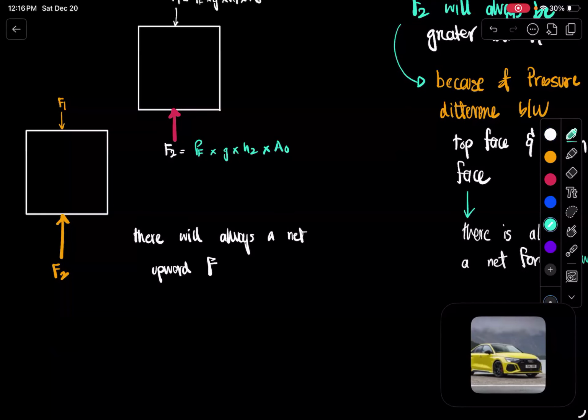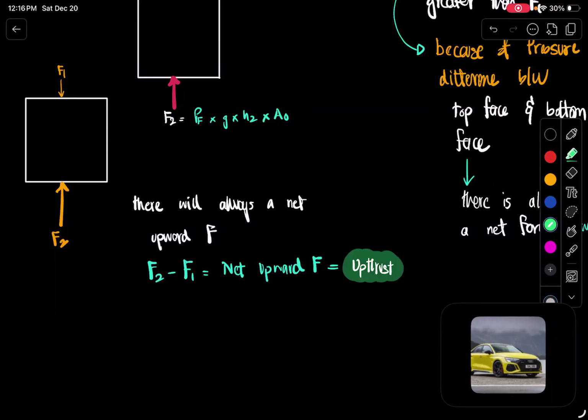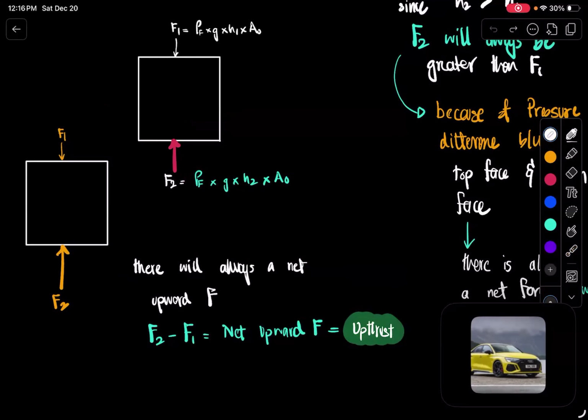And this net upward force, this F2 minus F1, is basically what we call upthrust. We haven't formed a general formula for upthrust yet, but this is just the expression that we've made. We're going to simplify this very complicated expression in just a second.